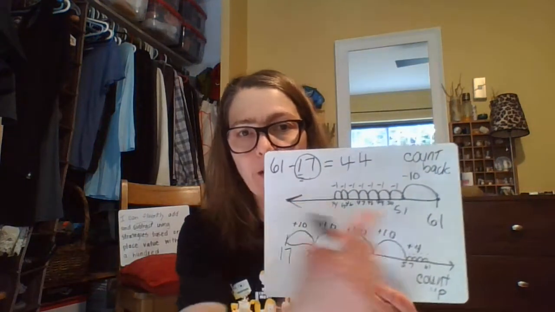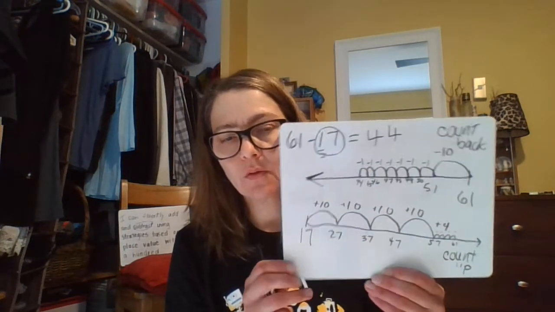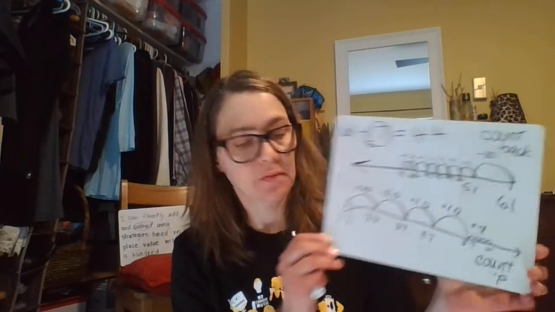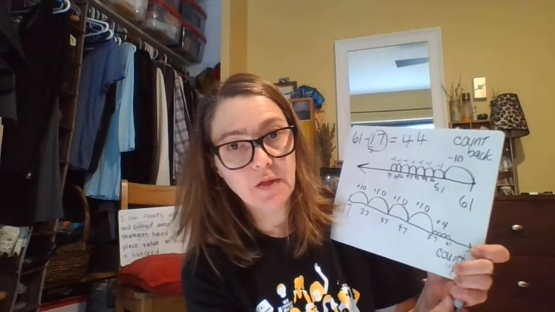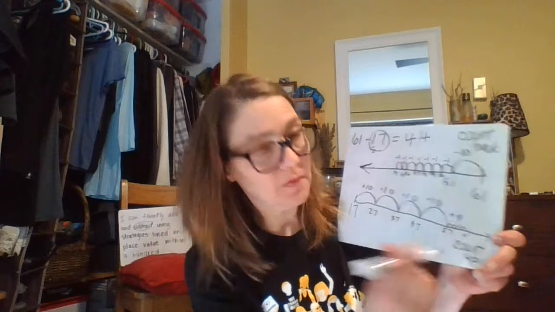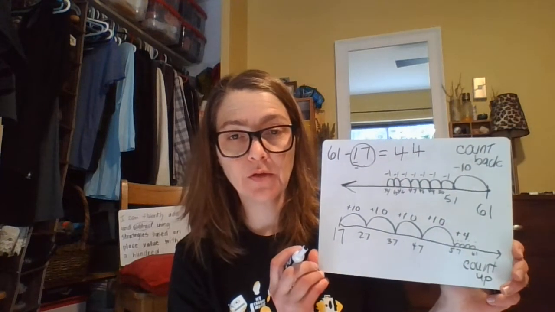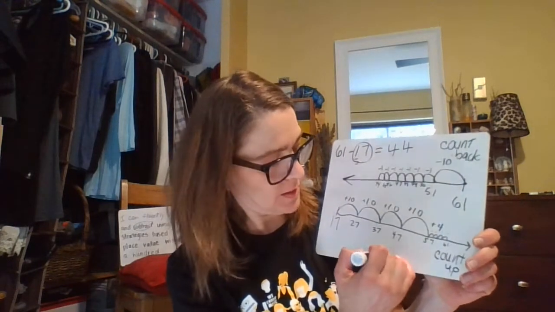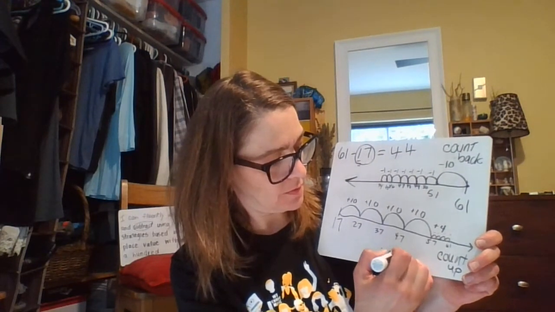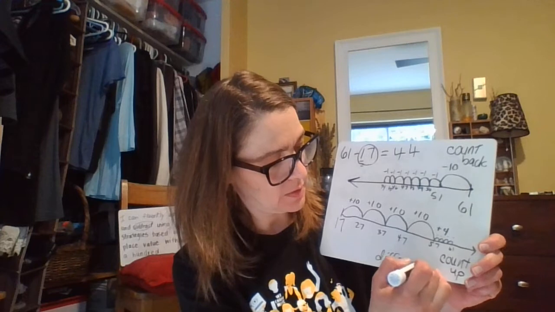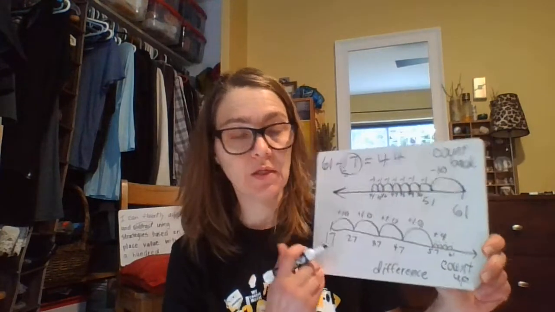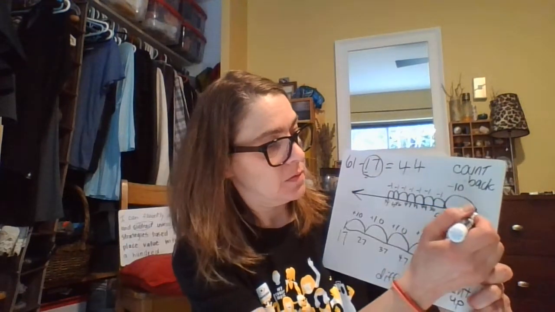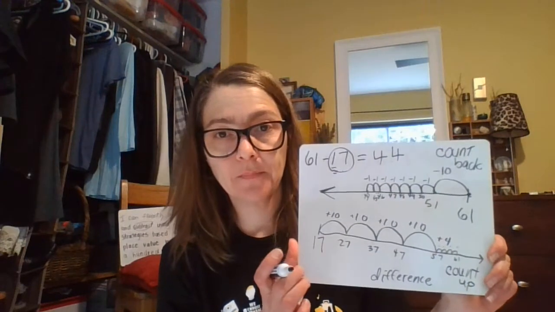Okay, you can count back to get your answer, or you can count up to get your answer. And the answer in a subtraction problem, don't forget, is called the difference, because it is the difference between the 2 points on a number line.